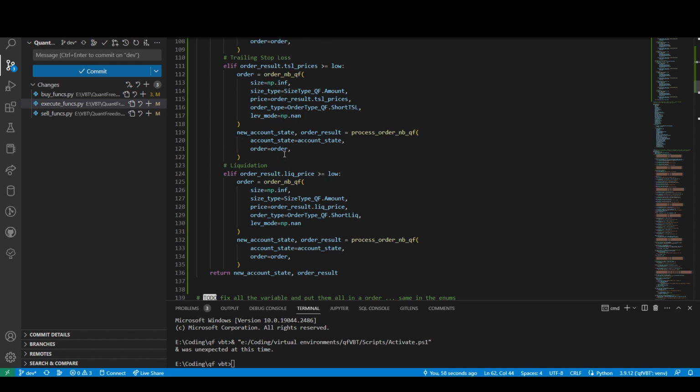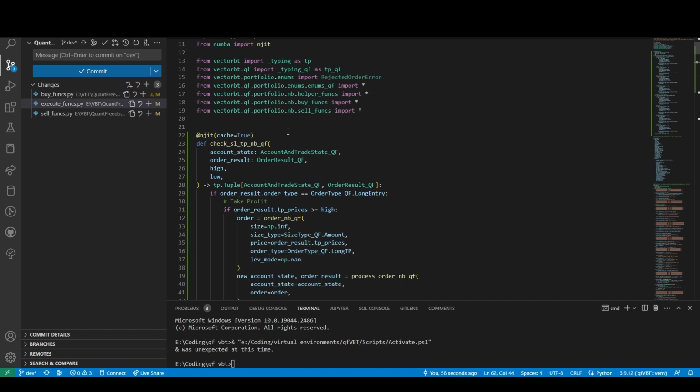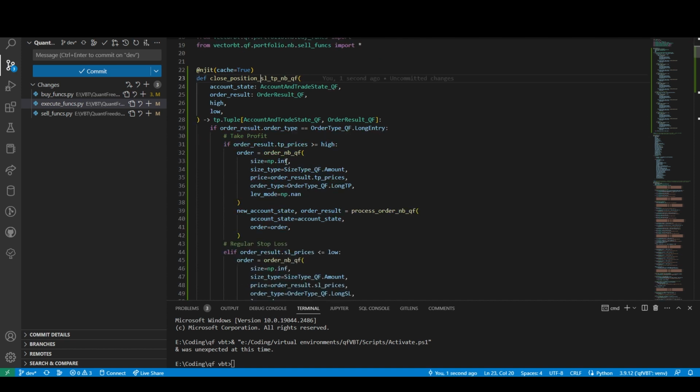Now the only problem is that I have to actually download some data and create some entries and exits, because we have to send it, I'm going to call this close trade position stop loss take profit, because this is set up to close.